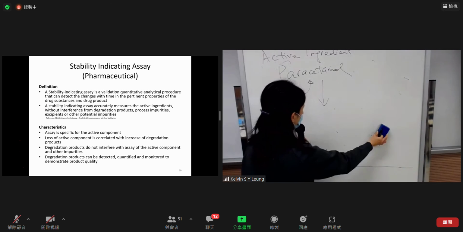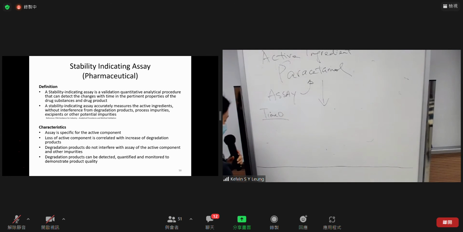In these stability indicating studies, we put our samples under some harsh conditions, in order to have some idea of what kind of impurities or degradants will be found.